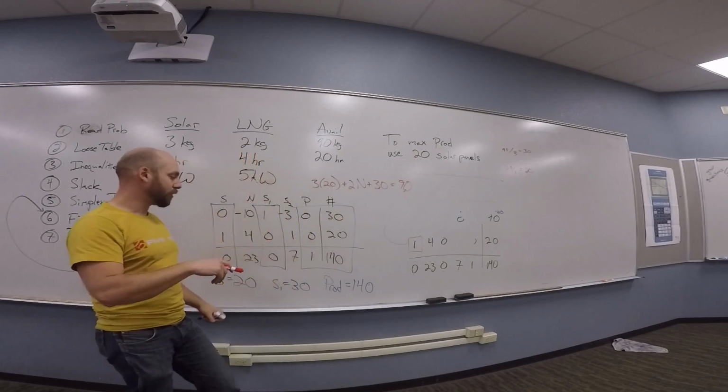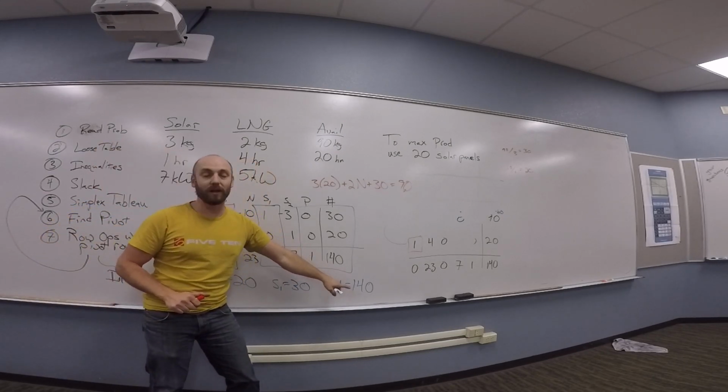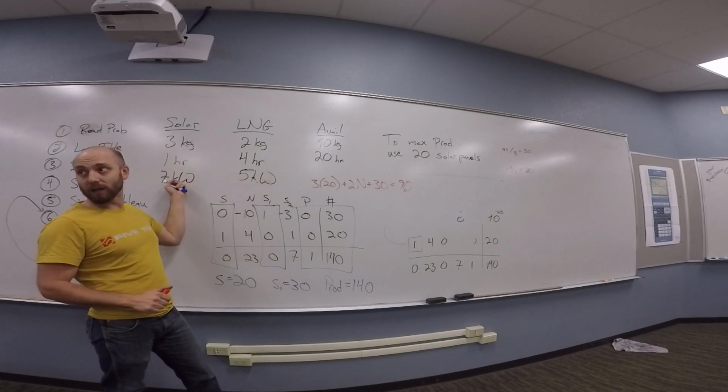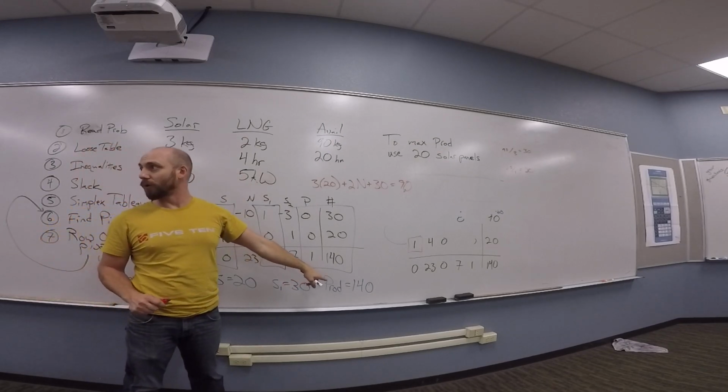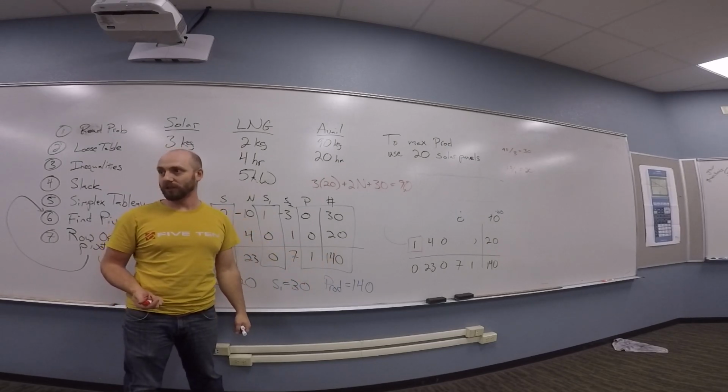The other way you could do it is you could say the production's 140. 20 solar panels, each produce 7 kilowatts. That's your total production, so you know there aren't any natural gas installations.